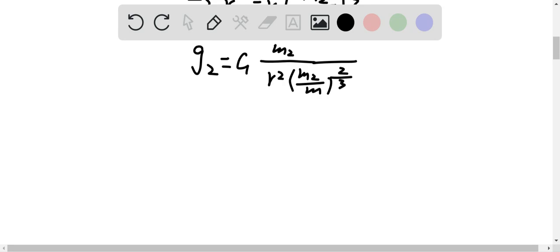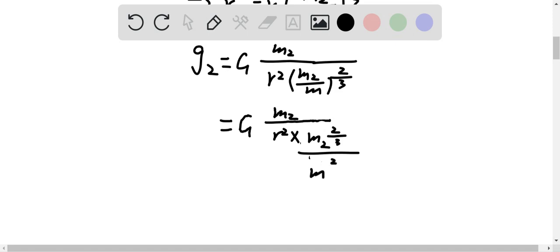And this will give us G times m2 over r squared, and then... I'm sorry, no, this is r squared times m2 to the power of 2/3 over m to the power of 2/3.